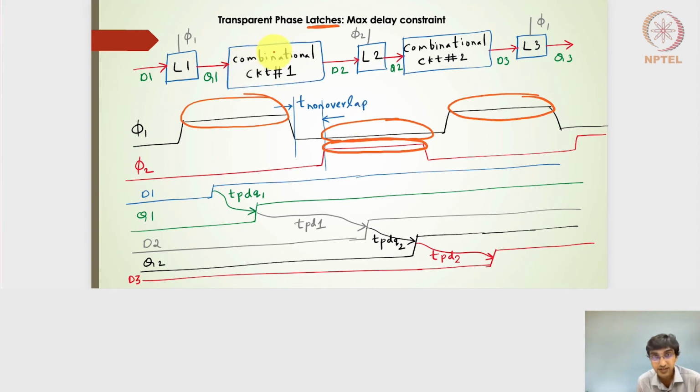Right, so what we normally do with latches is that one combinatorial circuit will operate in the high level of clock 1. The second combinatorial circuit operates in some portion of the low level of clock 1. Then the third combinatorial circuit works again in the high level of clock 1, and the fourth works only in some portion of the low level of clock 1.